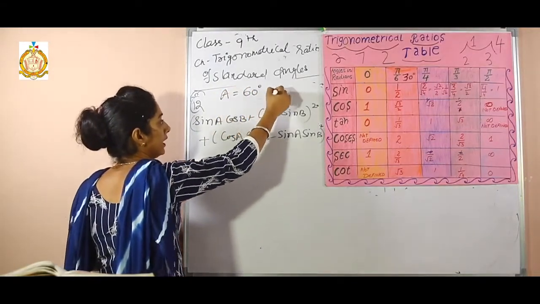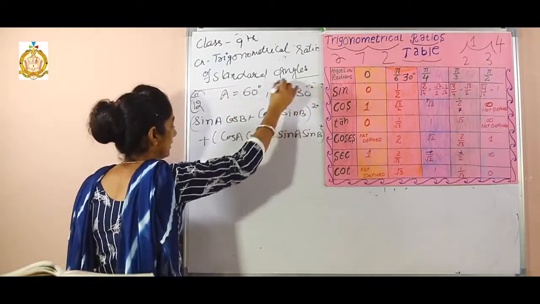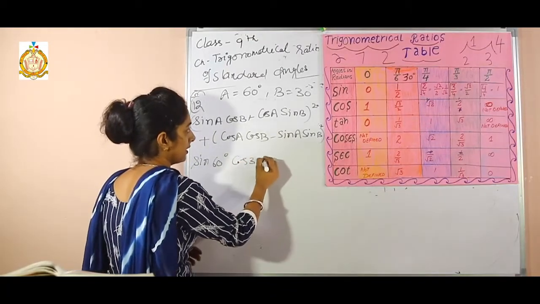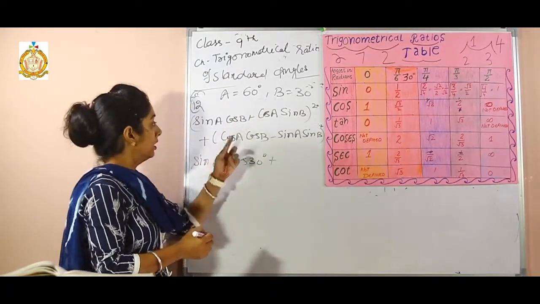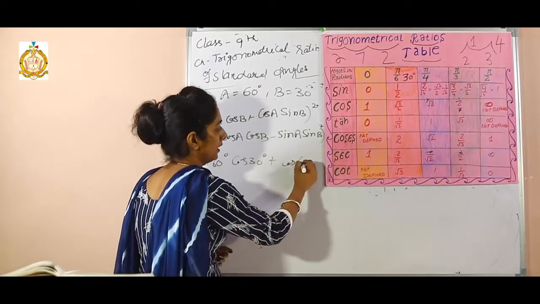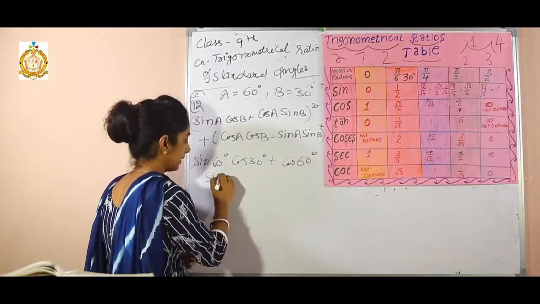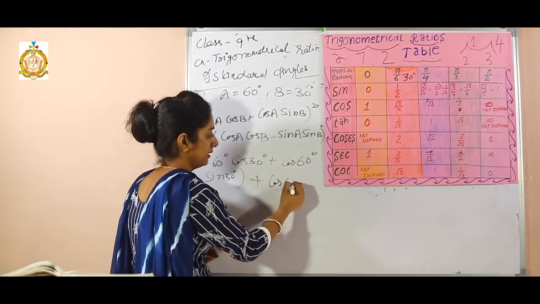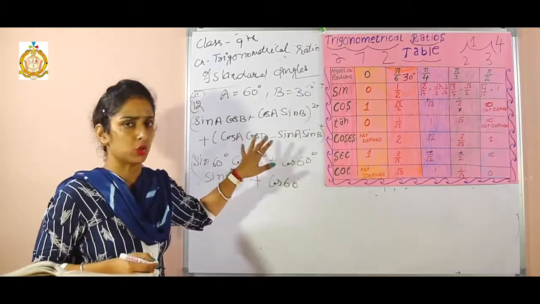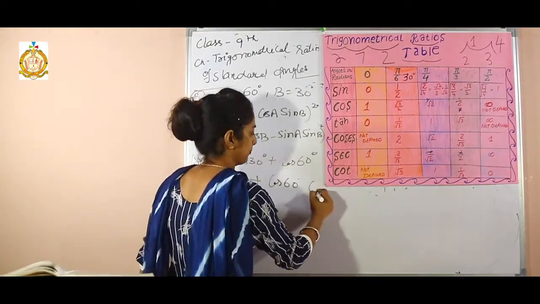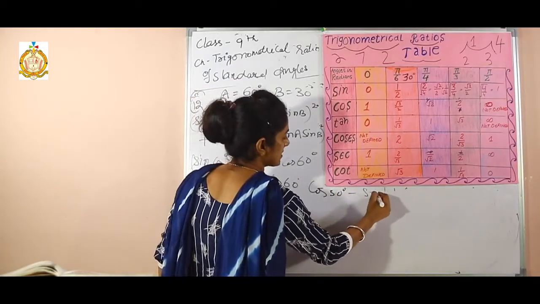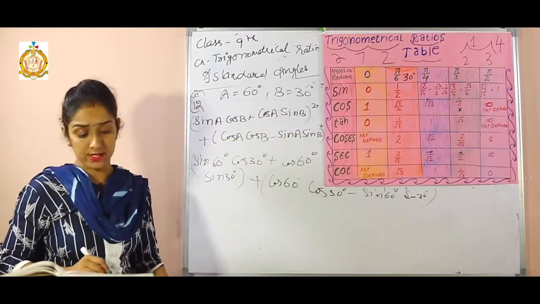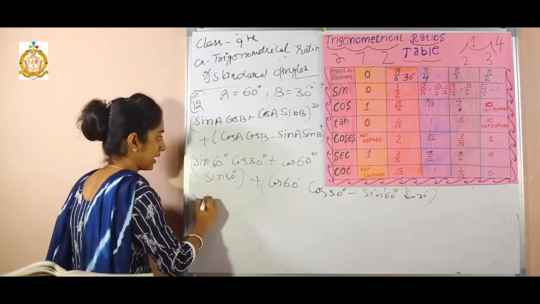A is 60 degree and B is 30 degree, means sin 60 degree cos 30 degree plus cos 60 degree sin 30 degree, plus cos 60 degree, means where is the A you put 60 and where is the B you put 30, cos 30 minus sin 60 and sin 30. Now students, after putting the values, what do we get?